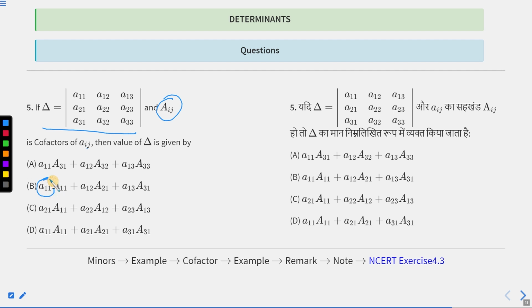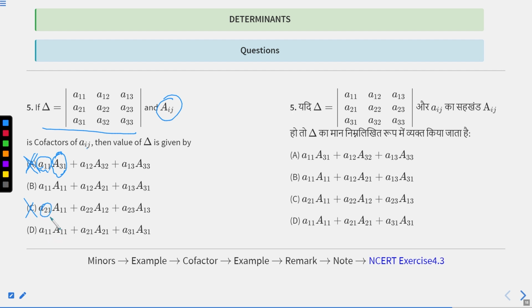So this cannot be your formula. Why? As you can see here, a11 is your entry and the cofactor you are using is another row's cofactor. Clear? Now, this also cannot be.